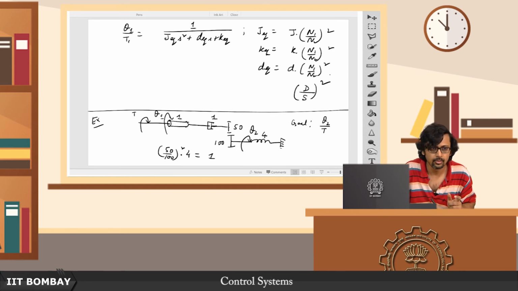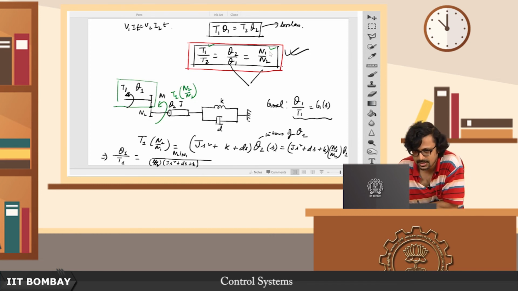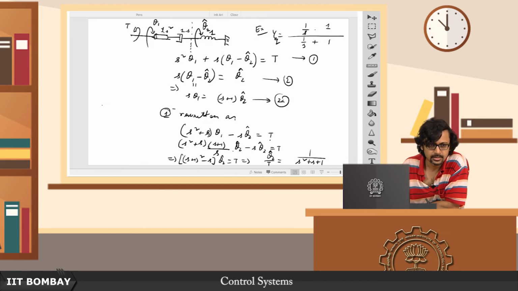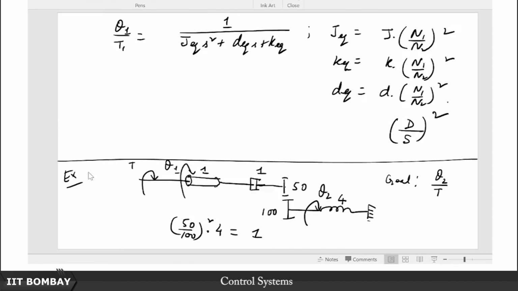Again I am going to make use of this golden ratio here, not the golden ratio as in phi, but of course this relation here. So if I want to reflect what is the relation between theta 2 and theta 2 hat, since there's a lot of white space, let me just use this part here. So what I can then write is, think of this assembly here. So this is theta 2.